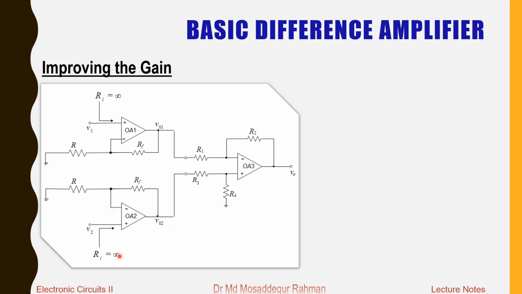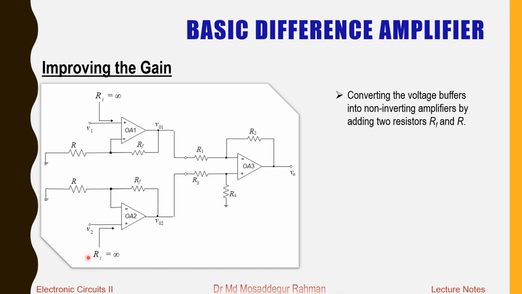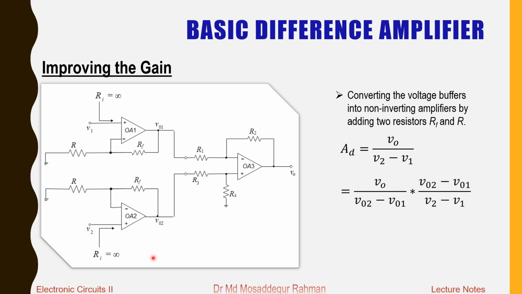So now what will be the overall gain? We have converted the voltage buffers into non-inverting amplifiers by adding these two resistors R and RF, and the overall gain we can now express like this: V naught divided by the difference between the two input signals, V2 minus V1, and that we can break up into the product of two gains.